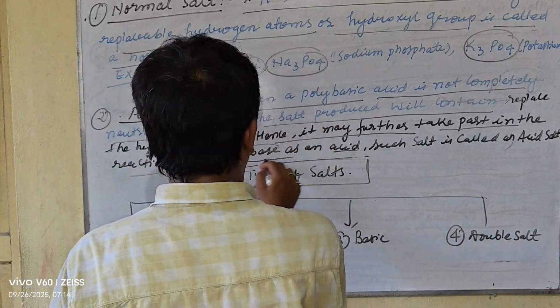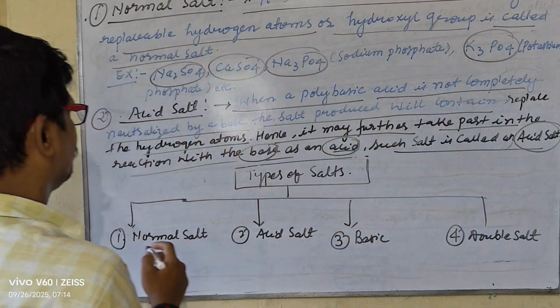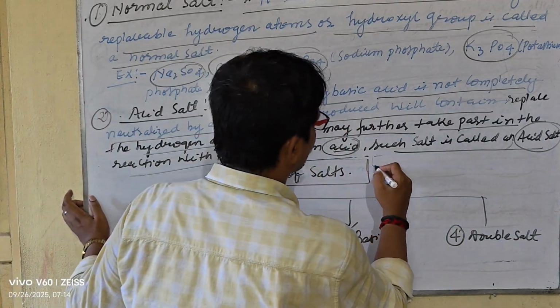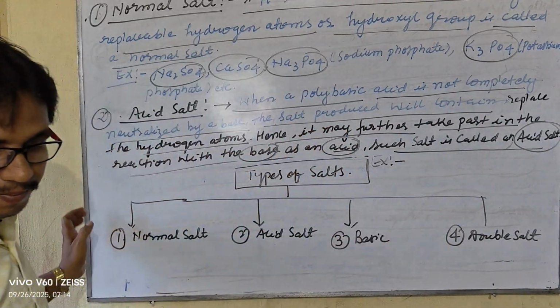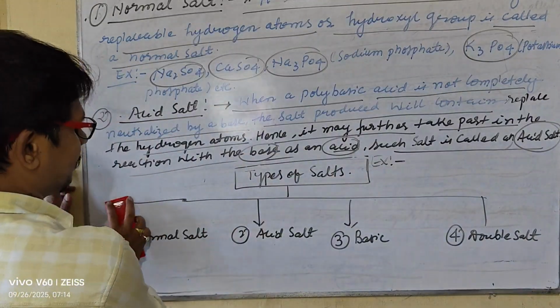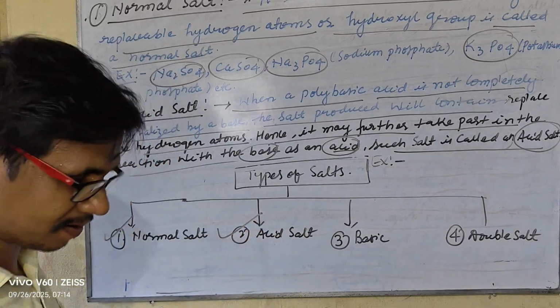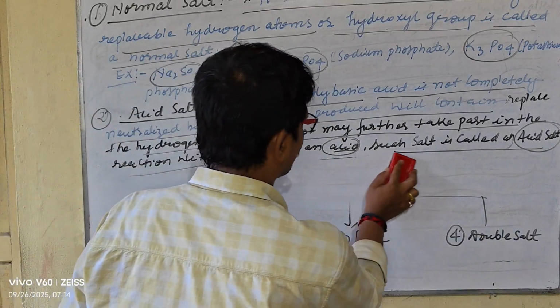Such a salt is called an acid salt. I am giving you the examples. Today I complete the normal salt and acid salt.